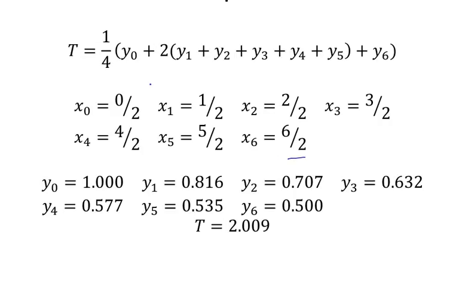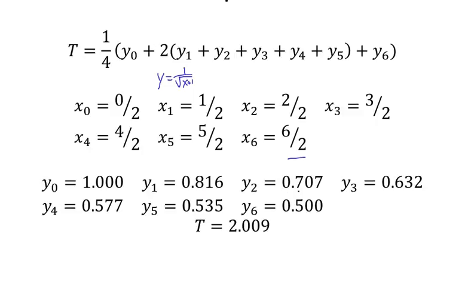You substitute these x's into our function that we had, 1 over square root of x plus 1. If you put 0 in for x, you'll get 1 over square root of 1, which is equal to 1. That's our y0. You substitute in a 1/2, you'll get 1 over square root of 1.5, that's 0.816.